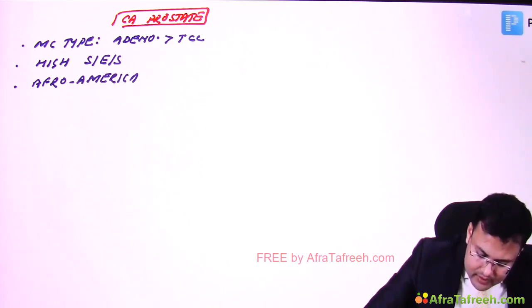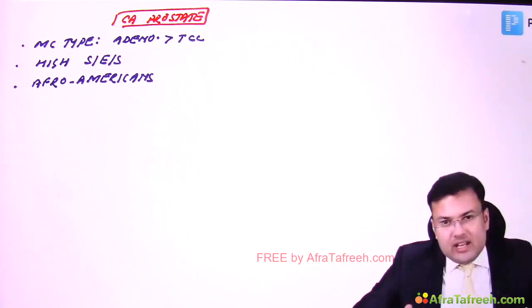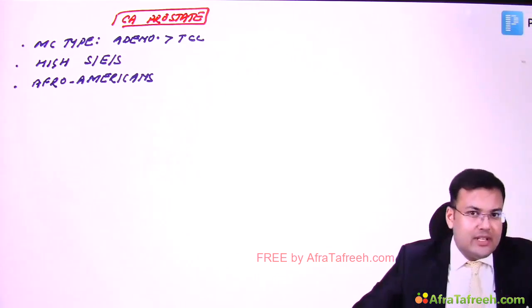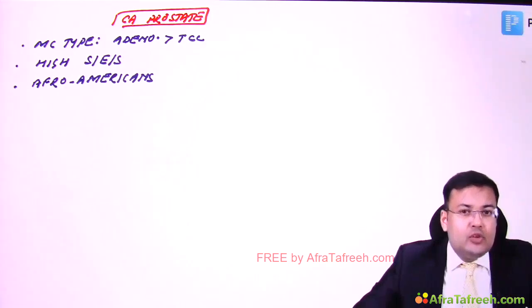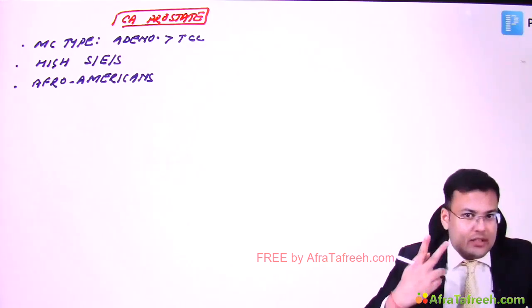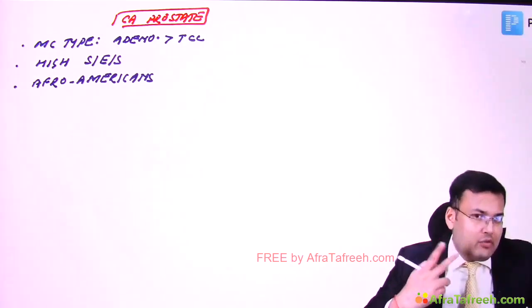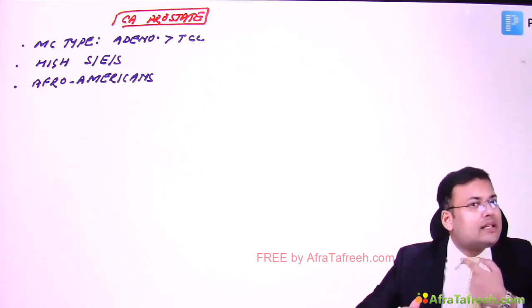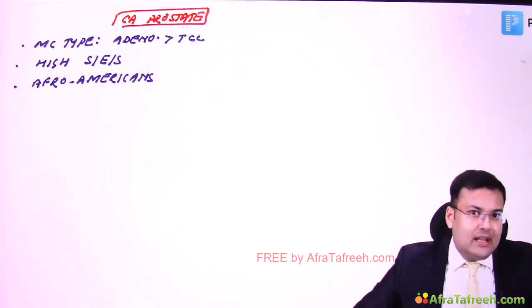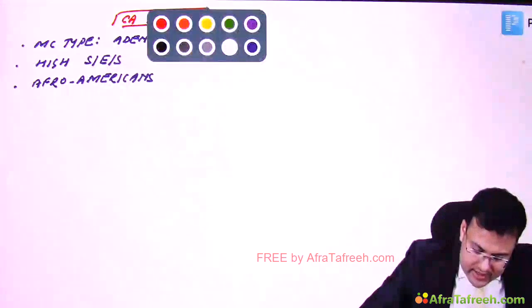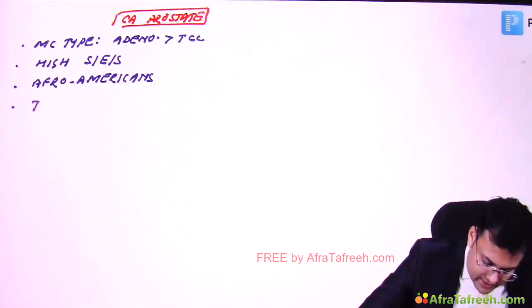Generally, in which decade is carcinoma prostate seen? It is seen in the 7th to 8th decade, and we discussed two malignancies seen in the 7th to 8th decade. One is anaplastic carcinoma thyroid and second is carcinoma prostate.